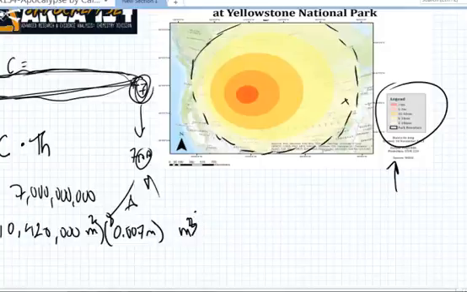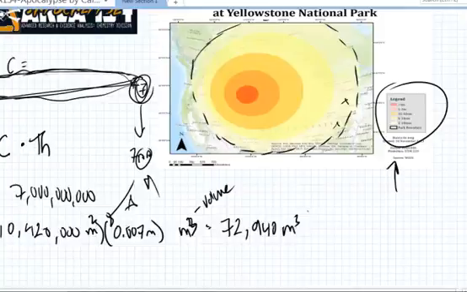That's going to give us a volume of all that ash, and that's for the light canary yellow layer. So the answer for that would be 72,940 cubic meters. That's a lot. An enormous amount. Now, we've found the canary yellow layer right there.